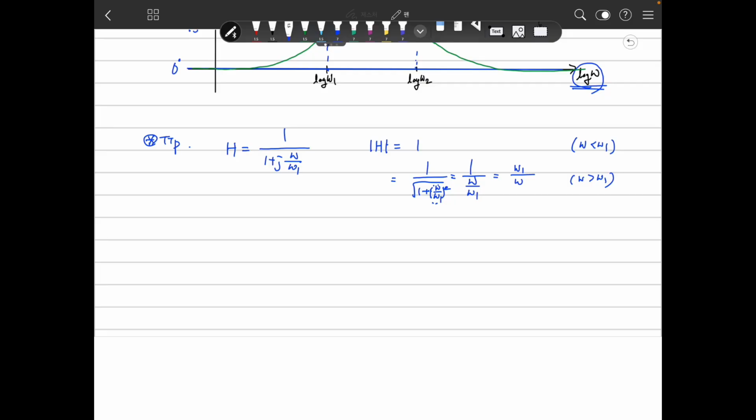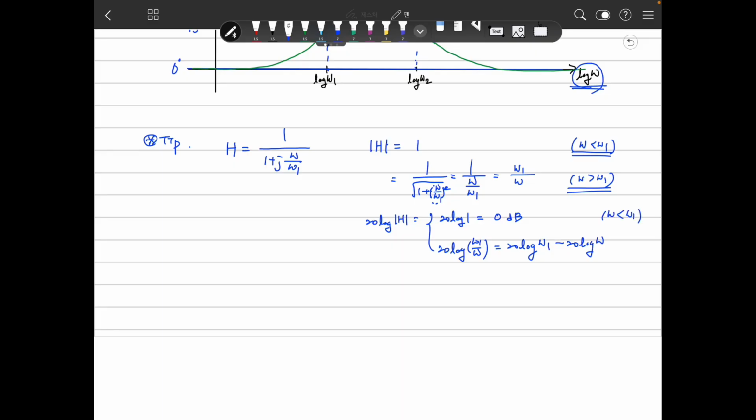So we write here in dB: 20 log H. In this area, that will be 20 log 1, which is 0 dB, and in this area it is 20 log omega 1 minus 20 log omega.